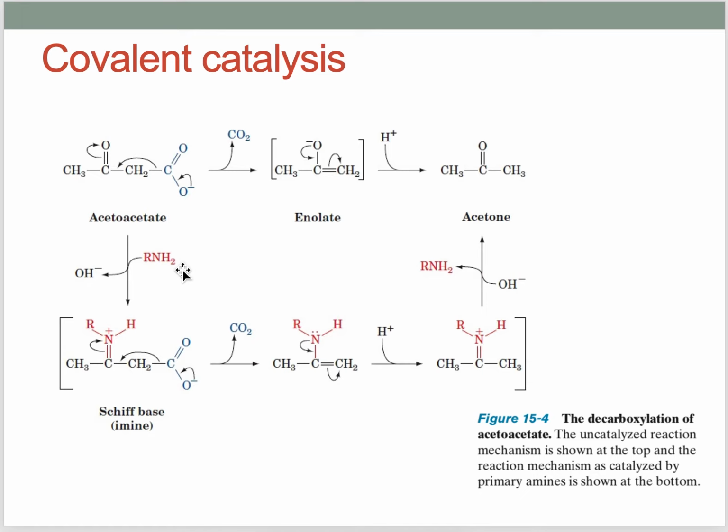With the help of this free electron, it forms a covalent bond with the acetoacetate, that is, with the substrate. So you can see the NH2 group of the enzyme RNase2 forms a covalent bond with the carbon here.